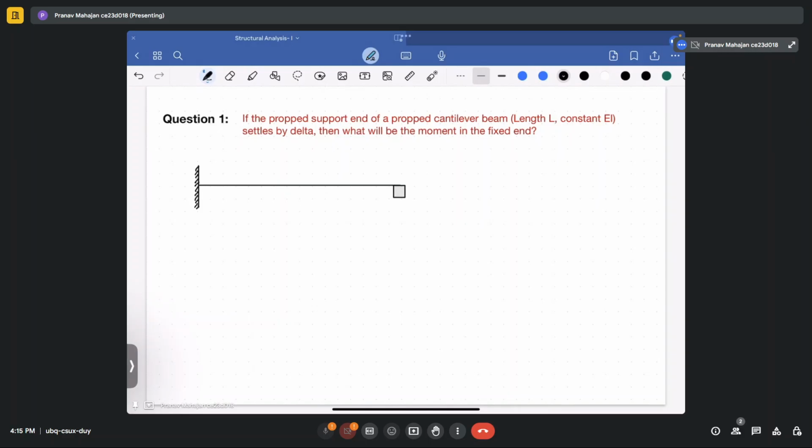Okay, so this end is propped, and this whole length is L, and it has a constant EI.